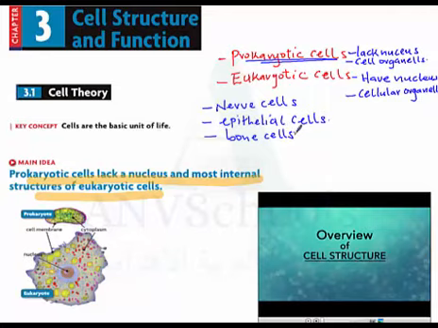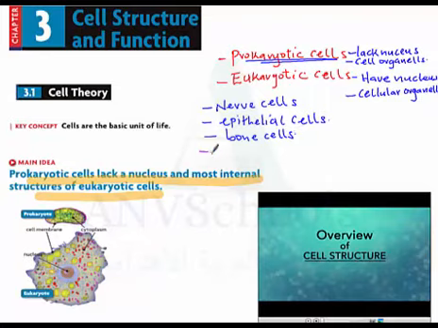Despite this variety, the cells in your body share many characteristics with one another and with the cells that make up every other organism.